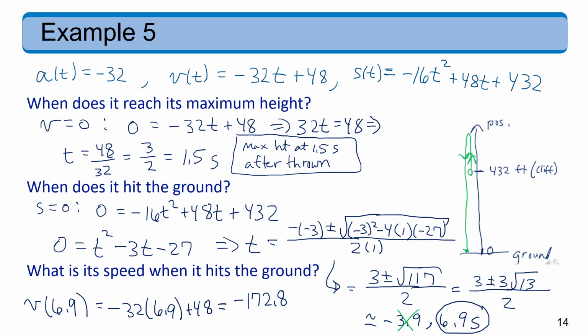The minus just tells us it's acting downward, but we already knew that from the context. The object is falling when it hits the ground, falling downward. So our answer for the speed would just be 172.8, and make sure to put units on it. Right? Acceleration was feet per second squared, right? So speed would be feet per second.